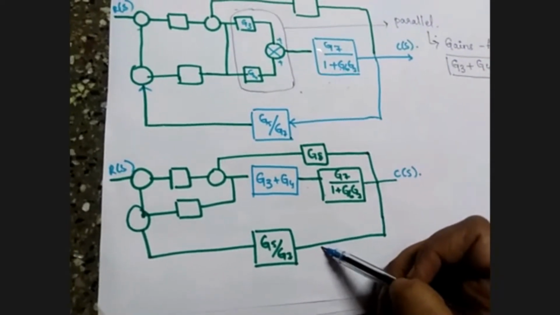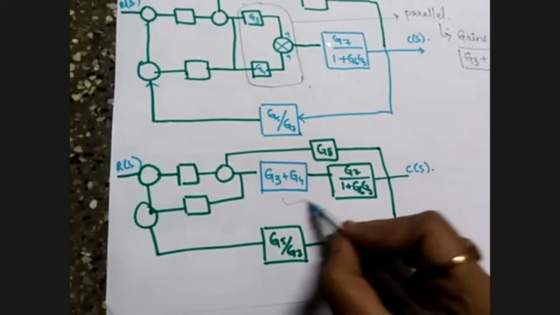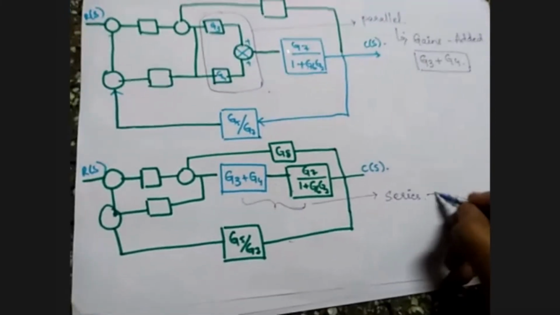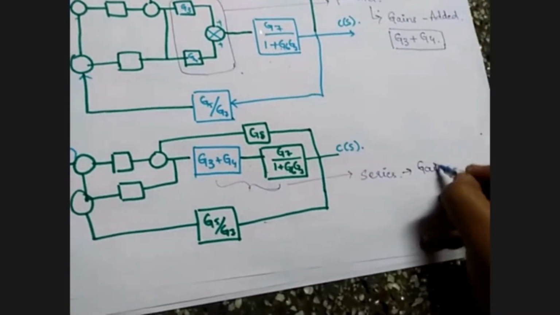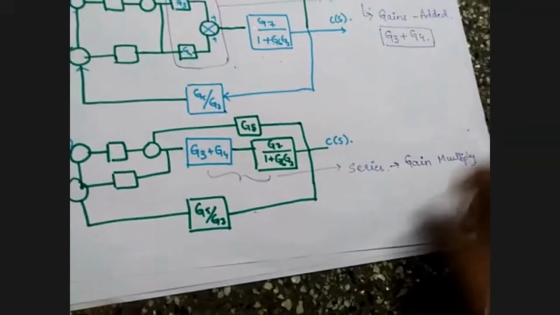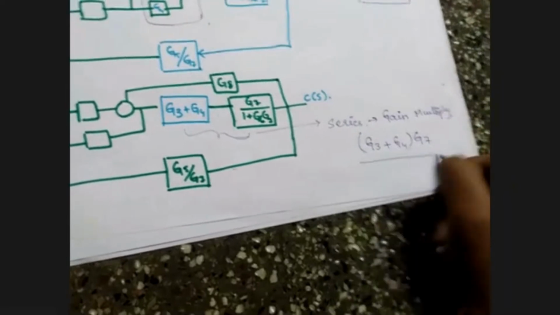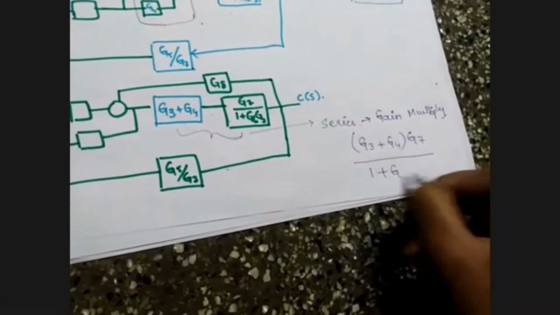Now what is the next step? See, these both blocks are in series. Next, again the same rule: for series, gains will be multiplied. So if you multiply the gains, the resultant gain will be G3 plus G4 whole multiplied by G7 by 1 plus G6 into G7.